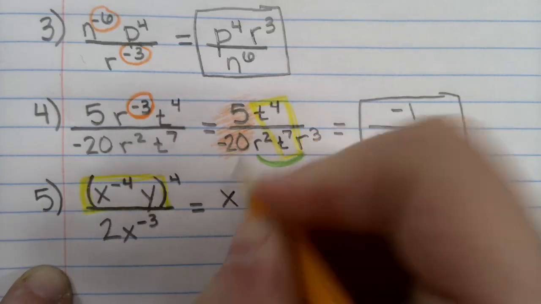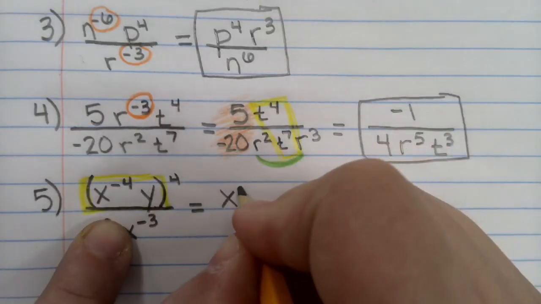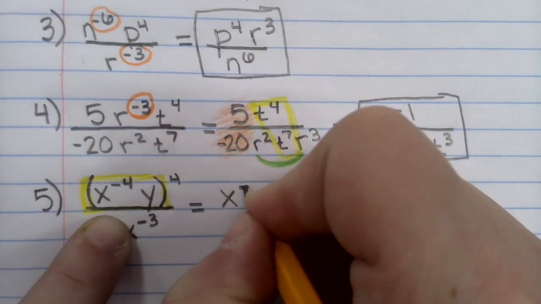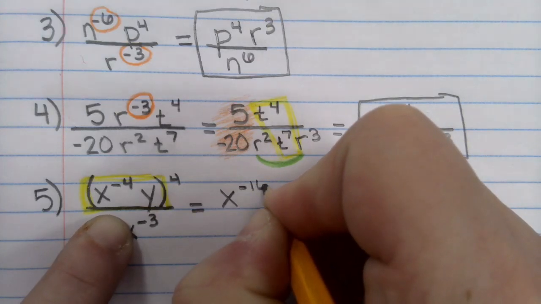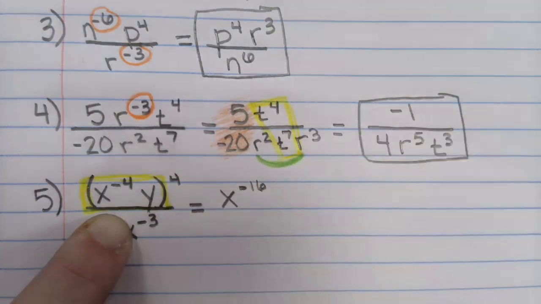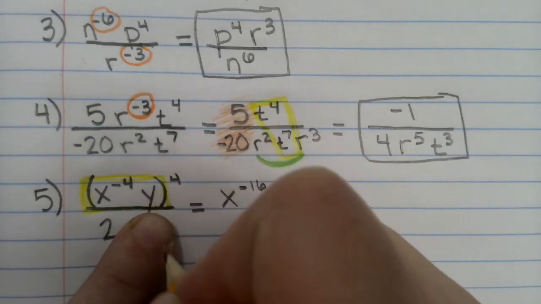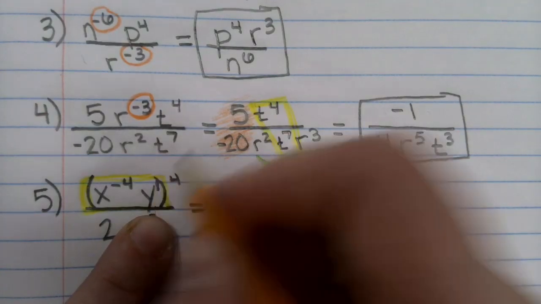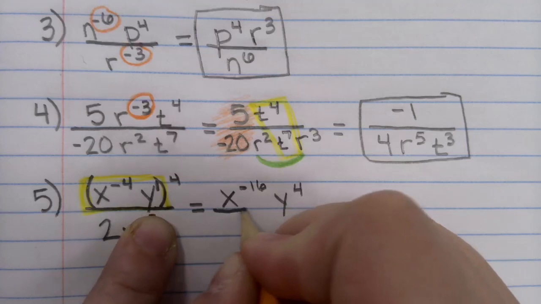So we have x to the 4 times negative 4. 4 times negative 4? Multiply. Negative 16. And then this y has an exponent of what? 1. So it's 4 times 1 is 4. So first step is parentheses.